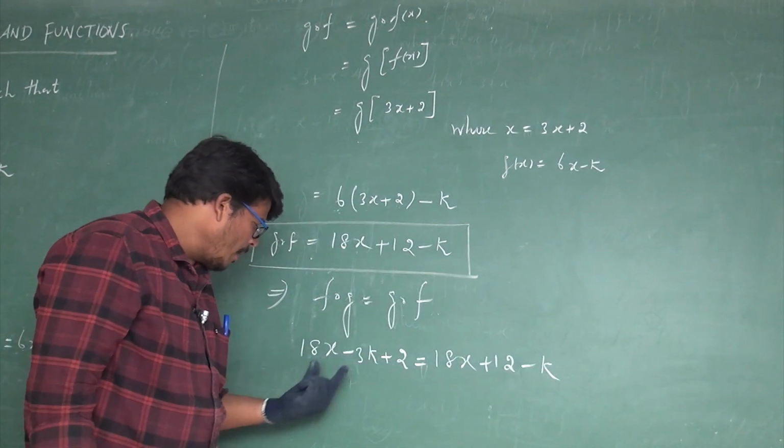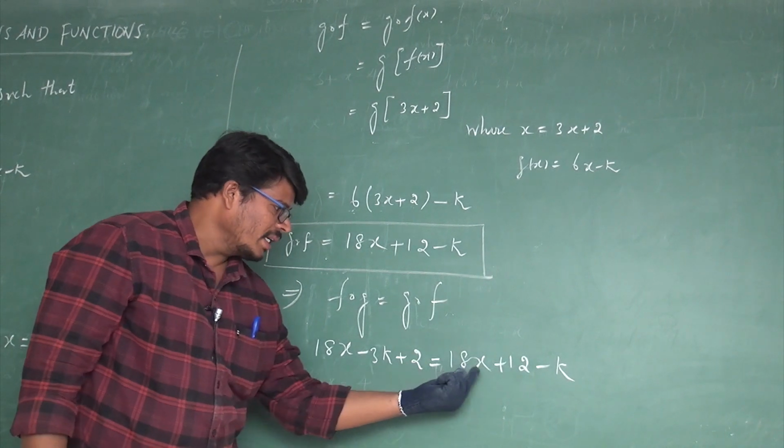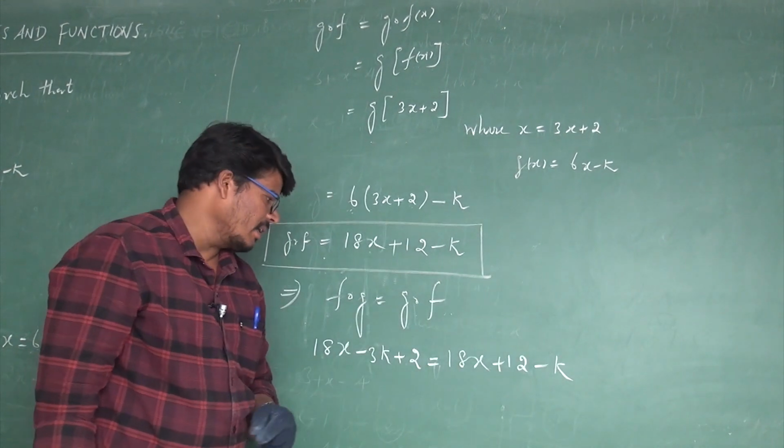Both are equal: 18x minus 3k plus 2 equals 18x plus 12 minus k.